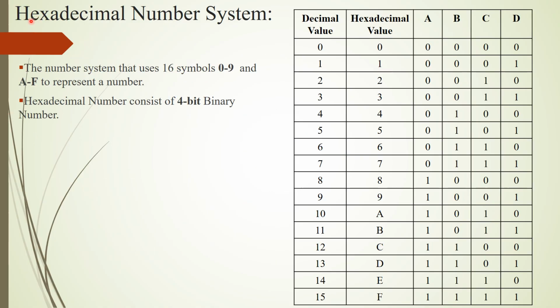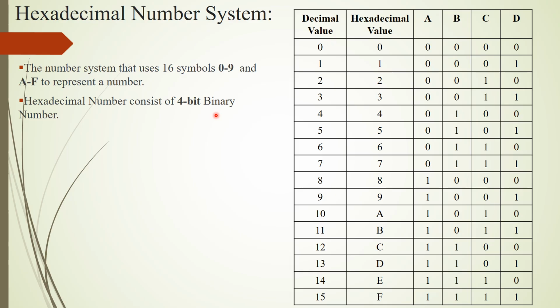And now the last number system is the hexadecimal number system. The hexadecimal number system uses 16 symbols, 0 to 9 and A to F. That means the hexadecimal number system consists of numbers and also letters. The hexadecimal number system consists of a 4-bit binary number.